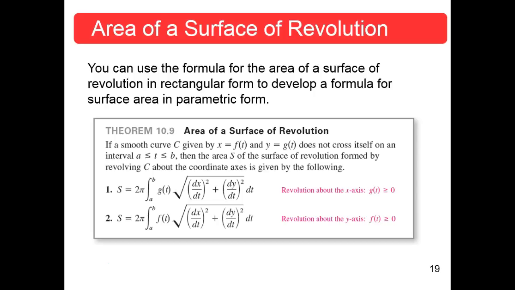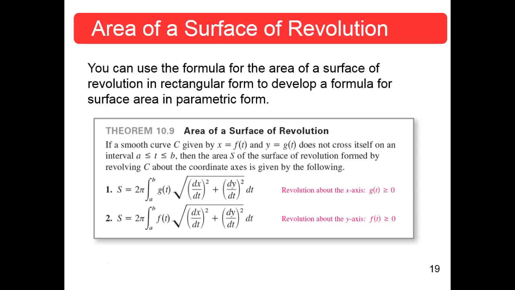This was basically your r. Your arc length is how far you are from that. If you're revolving this around the x-axis, then your g of t is your r, your g of t is your y.